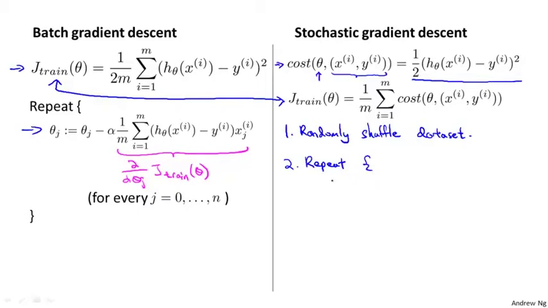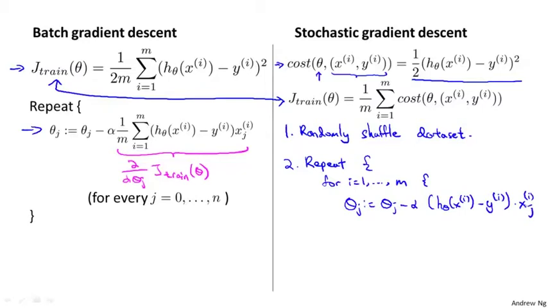We're going to repeat for i equals 1 through m: I'm going to repeatedly scan through my training examples and perform the following update. I'm going to update the parameter theta j as theta j minus alpha times (h(x^i) minus y^i) times x_j^i. And we're going to do this update as usual for all values of j.